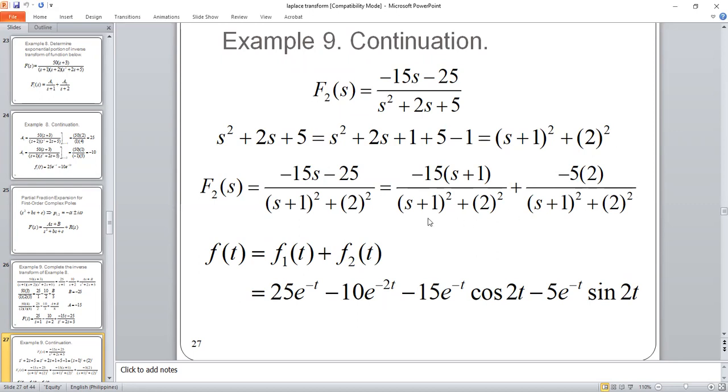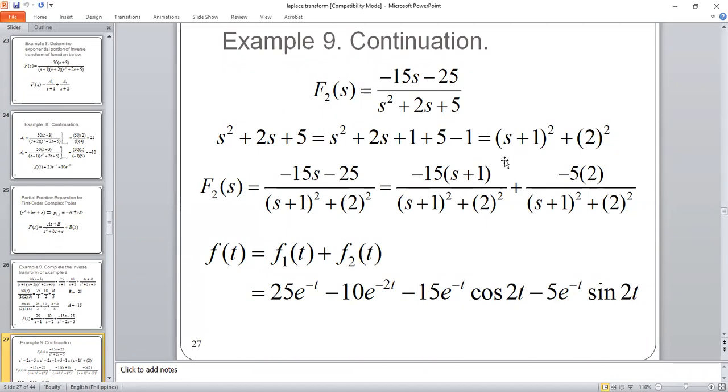Now, what we did a while ago, we made sure that the shifting in the denominator is the same in the numerator. Copy the constant. You have no choice because it's originally negative 15s. So you have to affix that one here and copy the shifting in the denominator.